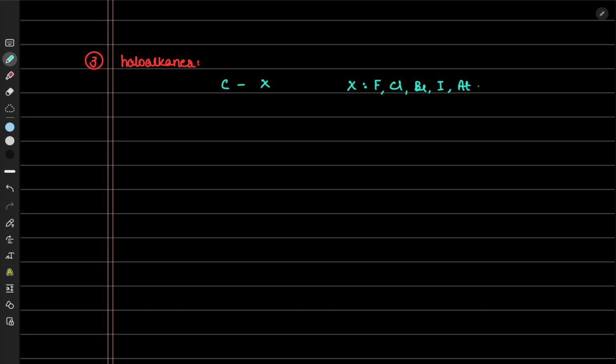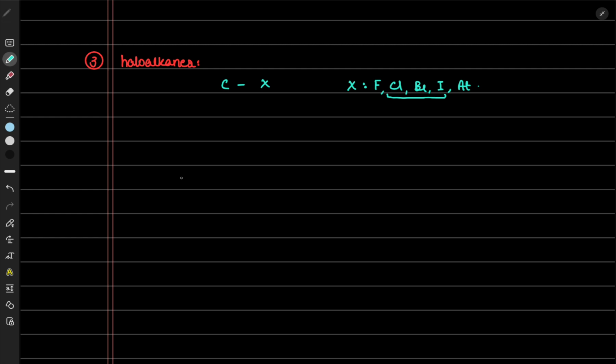So whenever carbon is bonded with a halogen, it is known as a halogenoalkane, right? But for your particular syllabus, we'll only be dealing with reactions of chlorine, bromine, and iodine. Of course, carbon bonded with fluorine is also a haloalkane or halogenoalkane. You can call it either way. But the reactions of those compounds are not part of your syllabus, right?